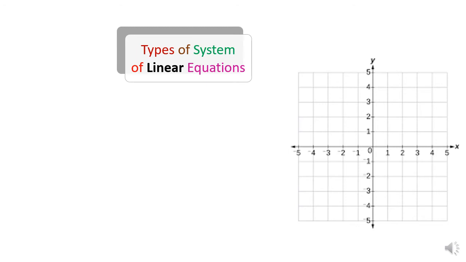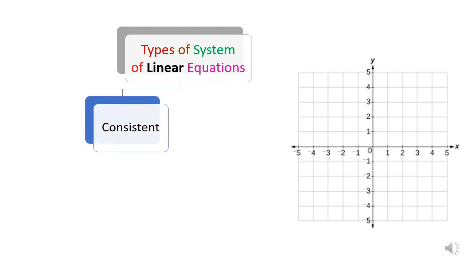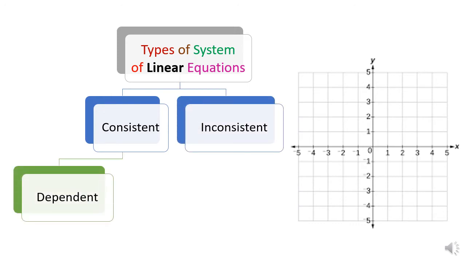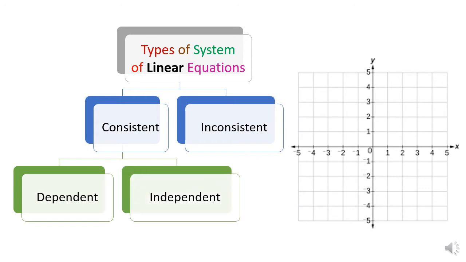And there are two types of this, consistent and inconsistent. For consistent, we can classify this as dependent or independent, depending on the number of solutions. So consistent has at least one solution, inconsistent does not have any solution. So consistent, sabi natin, may at least one solution.